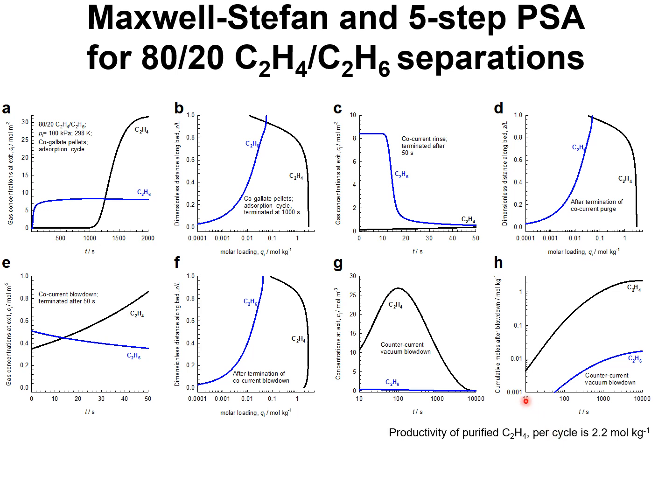by the authors from Zhejiang University using the LDF approximation. So use of the Maxwell-Stefan approximation along with a 5-step PSA scheme is vitally important in PSA process calculation, because it predicts that we may recover 2.2 moles per kilogram per cycle.